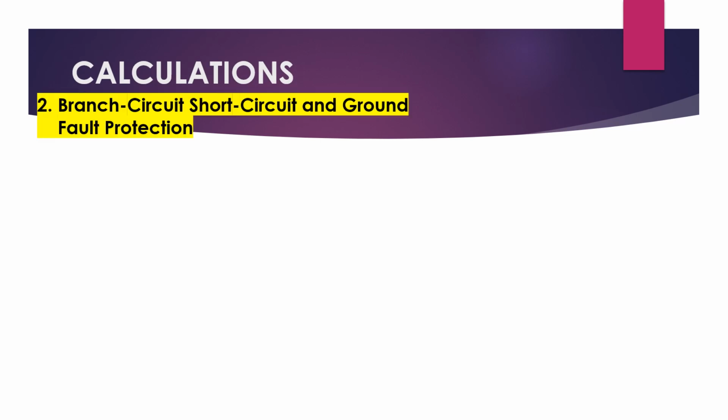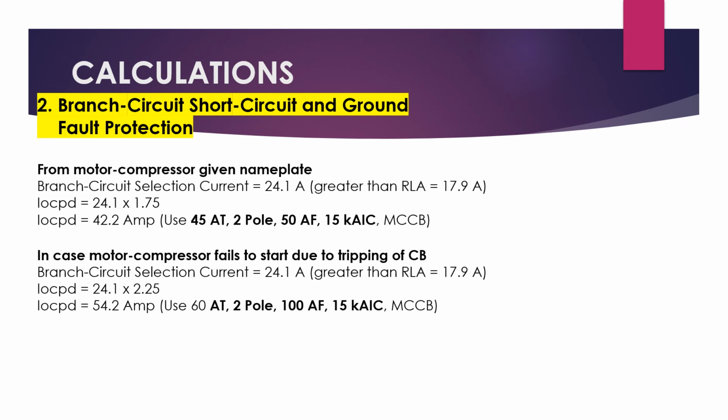Now for the calculations, branch circuit, short circuit, and ground fault protection. From the motor compressor given nameplate, branch circuit selection current still we have to use because this is greater than the rated load ampere. So I OCPD, or overcurrent protection device, equals 24.1 times 1.75. So this comes out to be 42.2 ampere. So here we have to use the standard circuit breaker ratings.